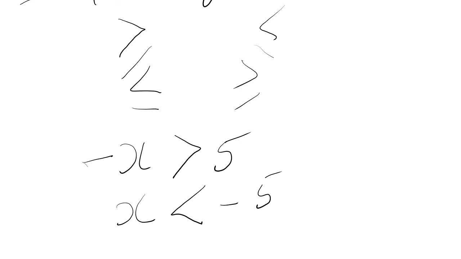Whenever you multiply or divide both sides by a positive number, the inequality sign does not change. But when you multiply or divide by a negative number, only then the inequality gets reversed. Is it clear? This is the only new rule that you are learning in this chapter.